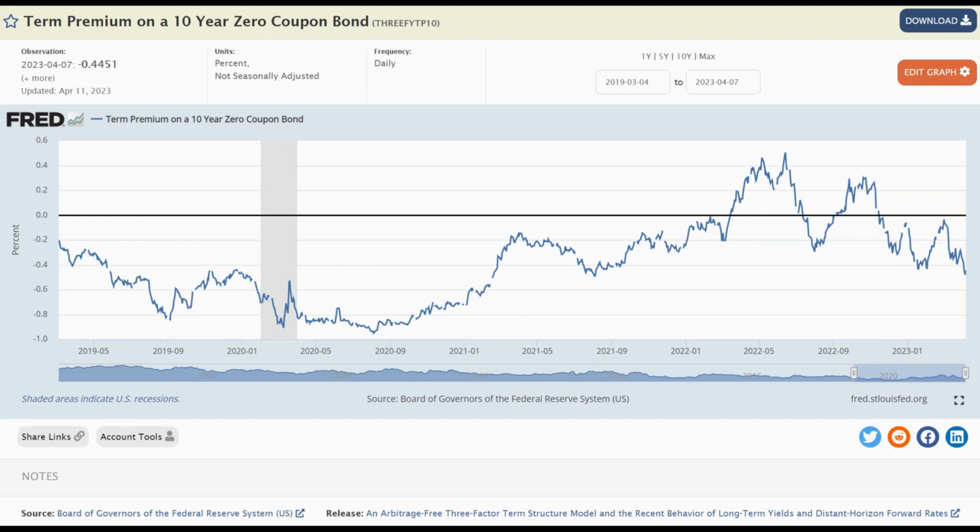It just doesn't make sense that you would prefer to buy 10-year or 30-year bonds at these yields rather than just rolling over your short-term paper.